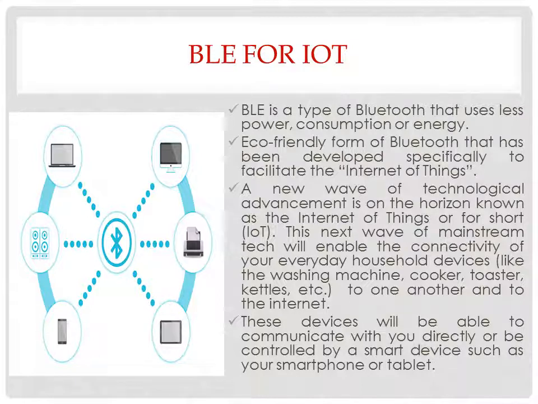Bluetooth Low Energy for IoT. For a novice, it is simple to see BLE as a type of Bluetooth that uses less power or energy. It is an eco-friendly form of Bluetooth that has been developed specifically to facilitate the Internet of Things.